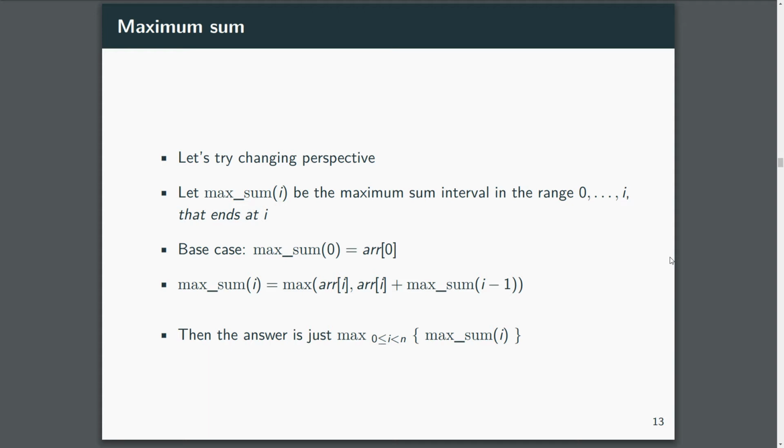Then in our recursive step, we either start a new interval, so we drop what's in front of our current index, or we extend it. So here we just take the value at our current index and we drop what's in front of it. Or we take the value at the index before our current index and we extend it. We extend the interval by adding the value at the current index to it here.